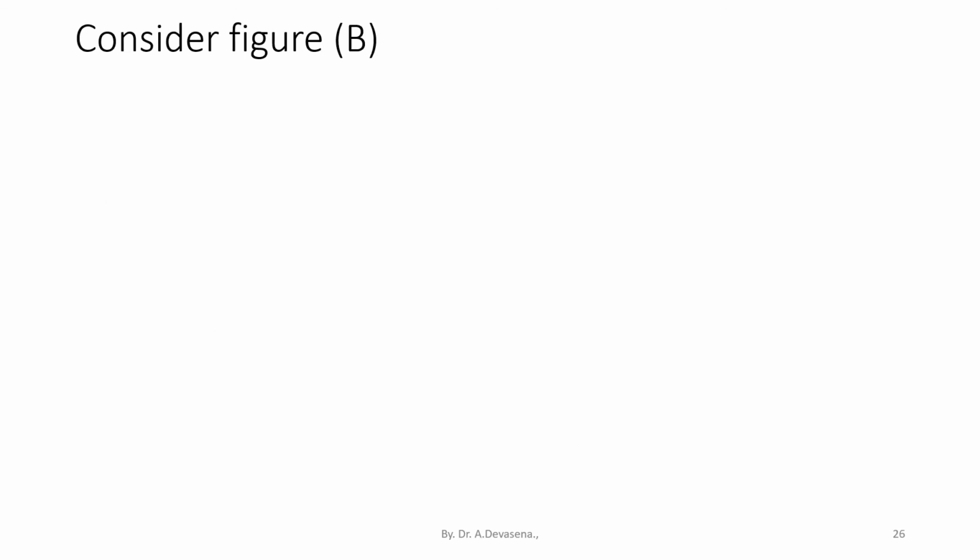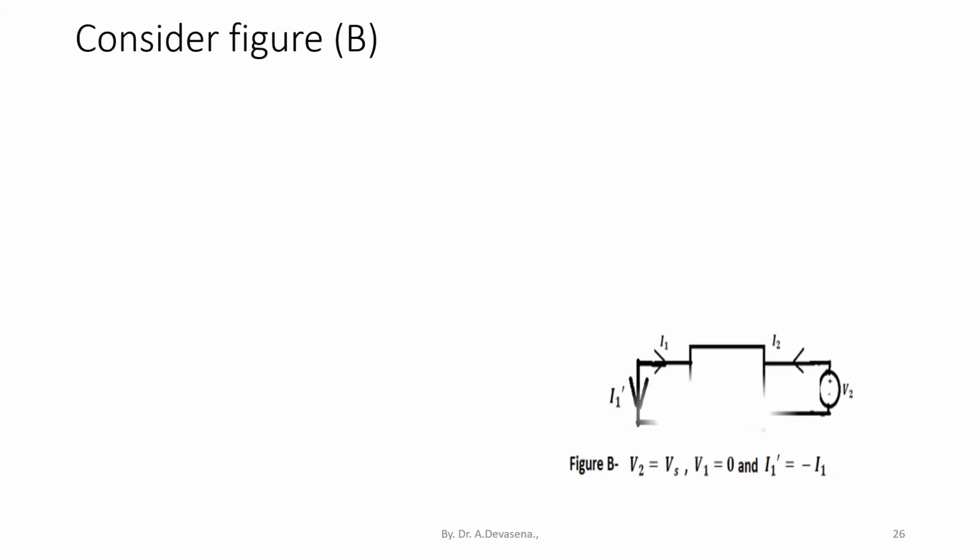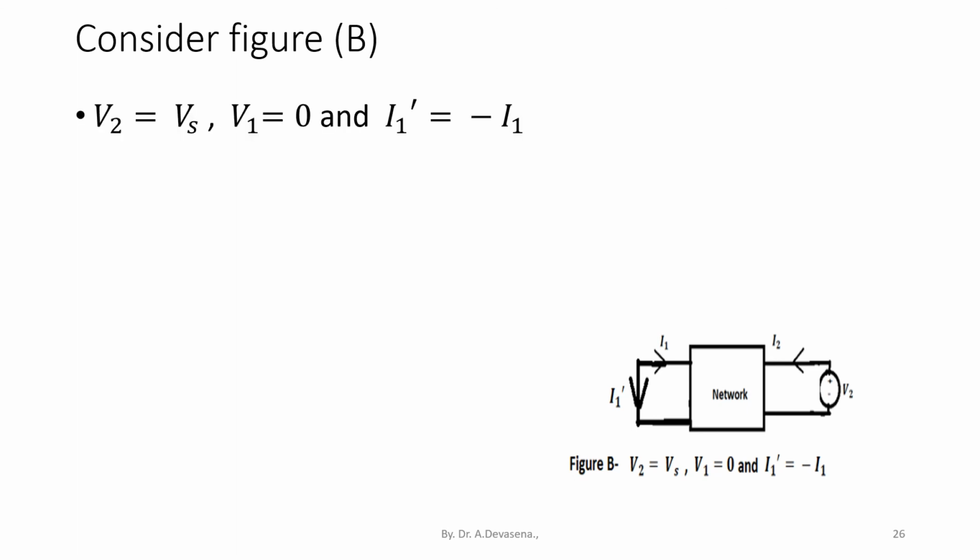Consider figure B. This is the representation of figure B. Here we have considered V2 is equal to Vs, V1 is equal to 0. That is, input voltage V1 is considered to be short circuited and I1 dash is equal to minus I1 because the current I1 dash and I1 are flowing in opposite directions.